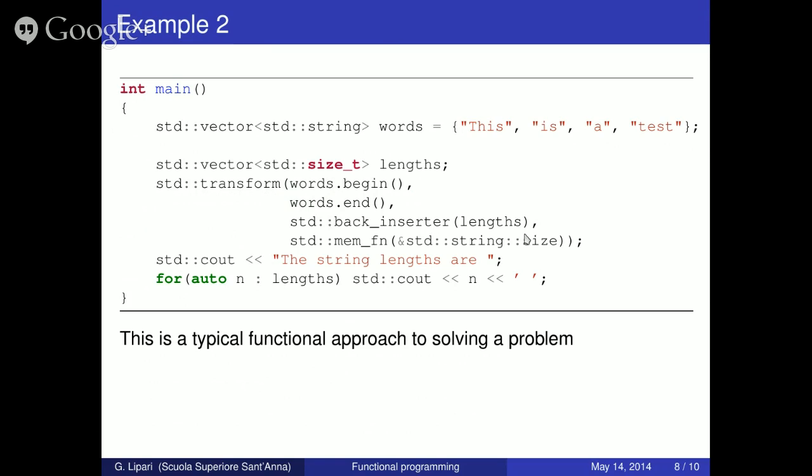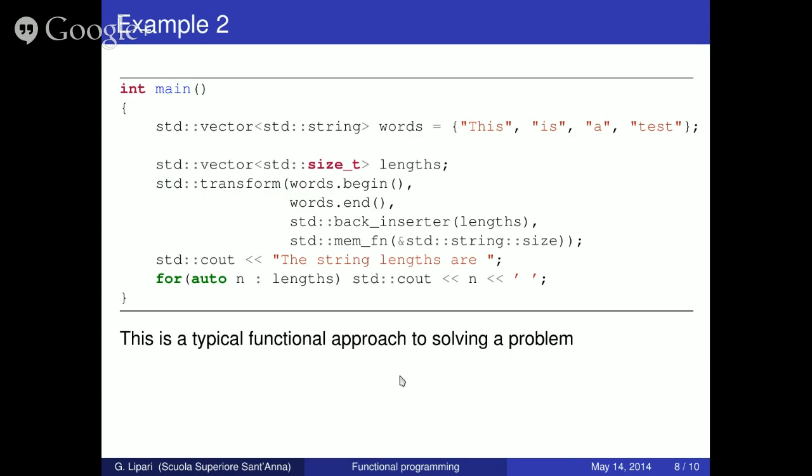We are going to put the result into lengths, so std::back_inserter(lengths), and on each element of the initial sequence words, you are going to apply std::string::size. So at the end, lengths will contain the length of all the strings.